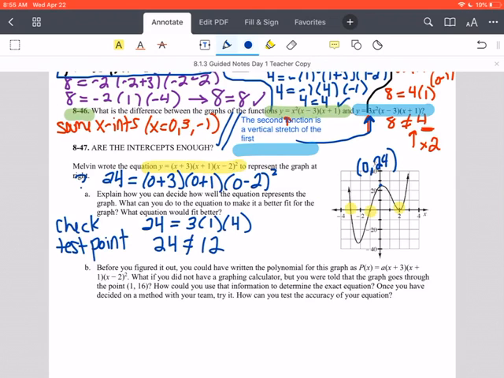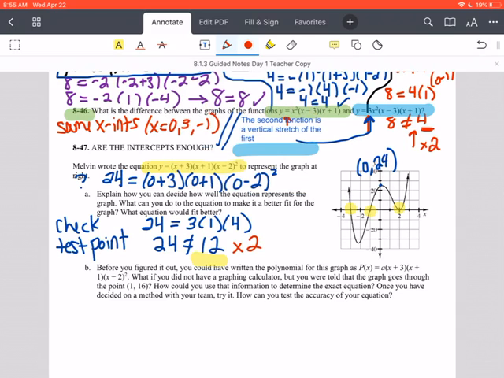We can quickly figure out, okay, how can I make this 12, this right-hand side we call it, be equal to 24? Well, I have to multiply it by 2. So if I go back up to Melvin's original equation, I have to put a 2 out front.